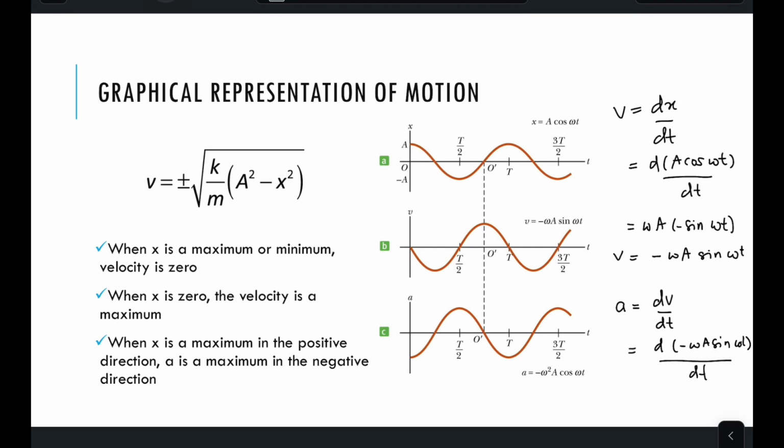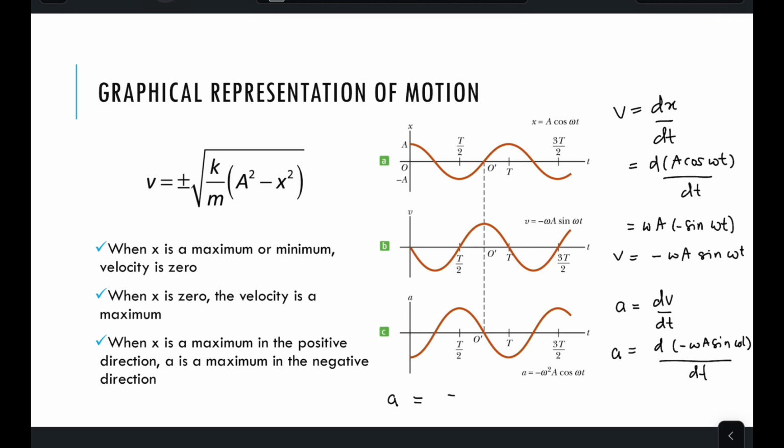Differentiation of cos will give us a negative sine. Why is it so? That is about mathematics or calculus. Again, the t is within the sine function, so the sine function must be differentiated, followed by differentiation of omega t.